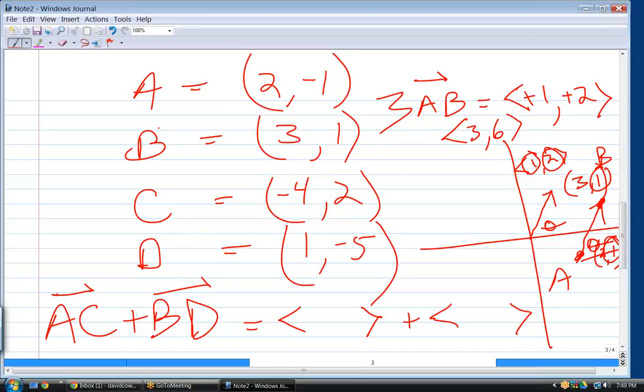So it has to be B minus A. Well, AC has to be C minus A. So that'll be -6 and 1. It's 2 minus a minus 1, oh, 3. And BD will be -2 and -6. Now add those two together. That'll be -8, -3.